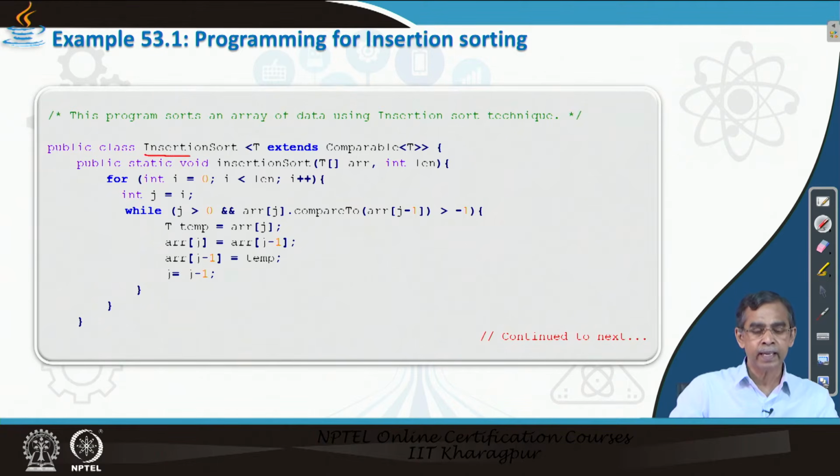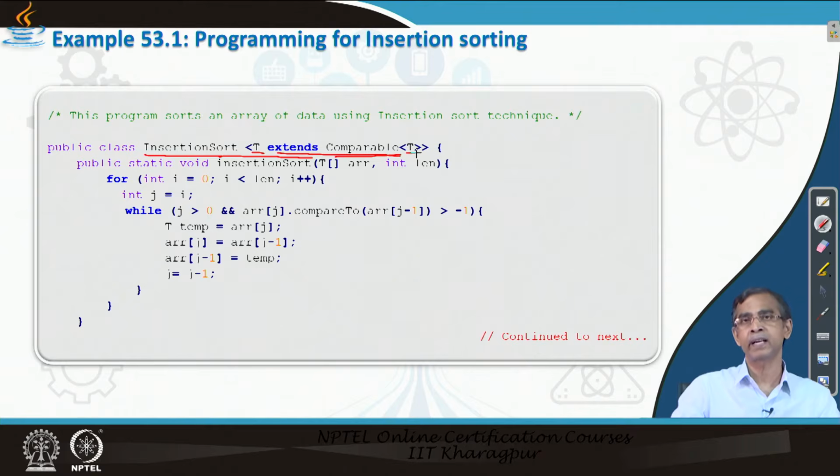We are declaring a class, and this class is declared as a generic class, as we have said. This is the T, which means this class can take any type of data, but here we have to use extends, which basically limits it to data that is comparable.